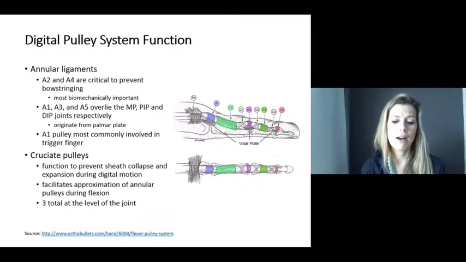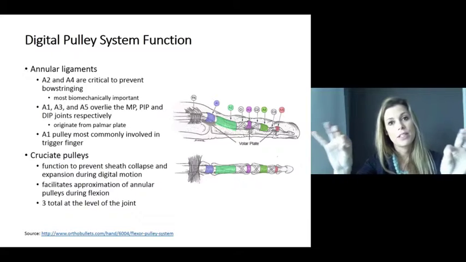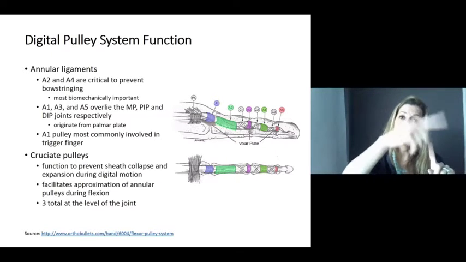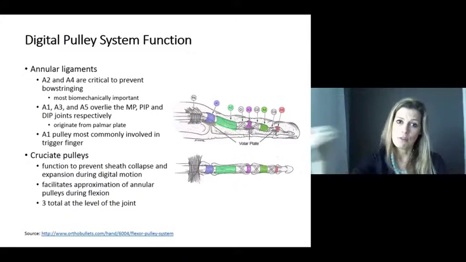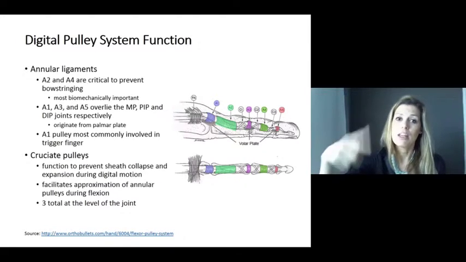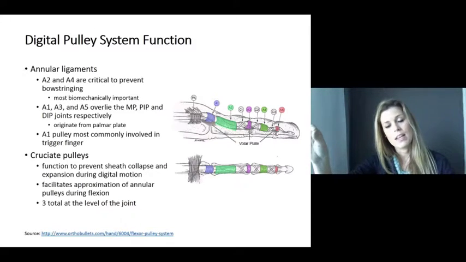So if you think about a fishing pole, the pole itself, think about that being equivalent to the finger bones. On the fishing pole, you have the loops and then the fishing line that goes through the loops. So think of the loops as being the annular pulleys, and then think of the fishing line as being the tendon that is going through the loops.